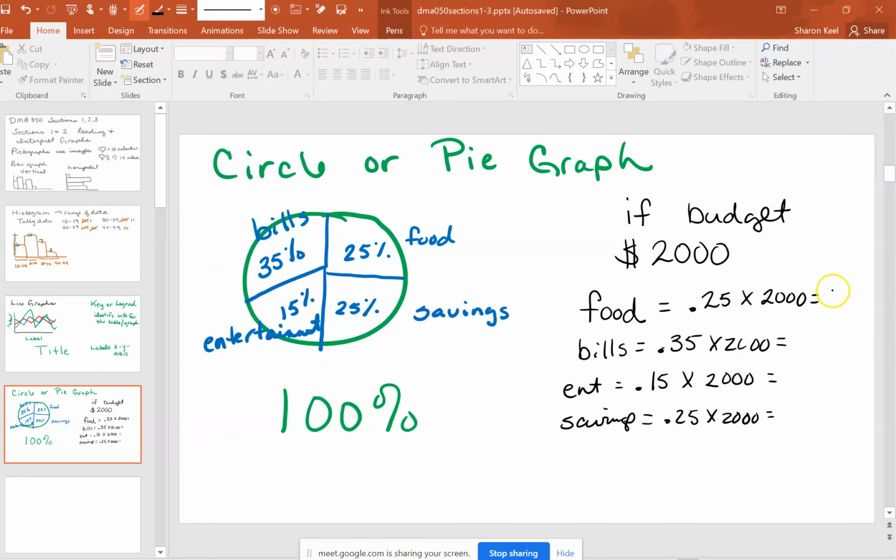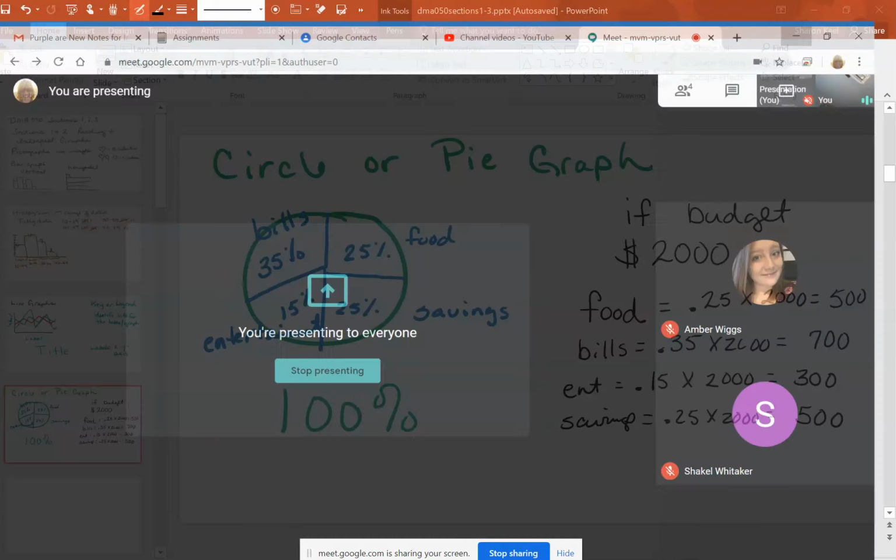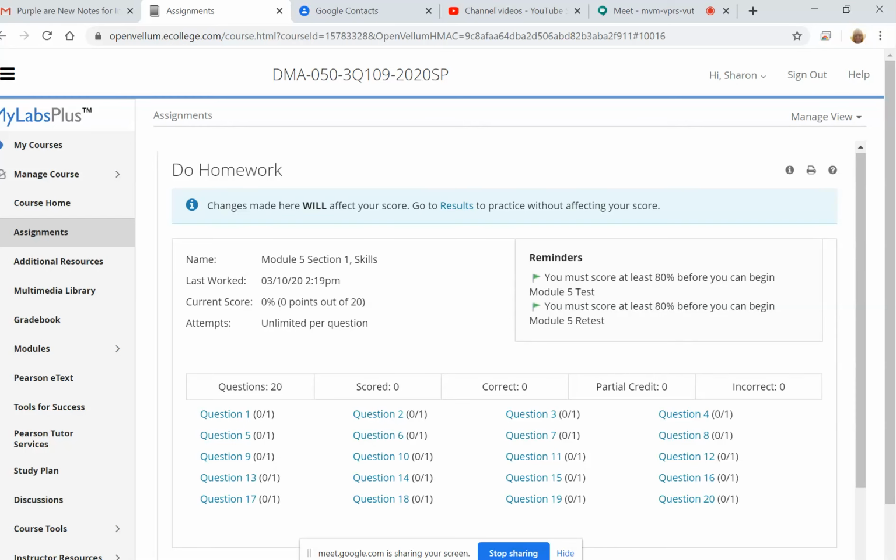So that means we would have here $500. Here would be $700. Here you spend $300, and this one is the $500 a month. So as you're working with problems in this section, you may need to calculate those amounts. So let me show you here what that's going to look like.